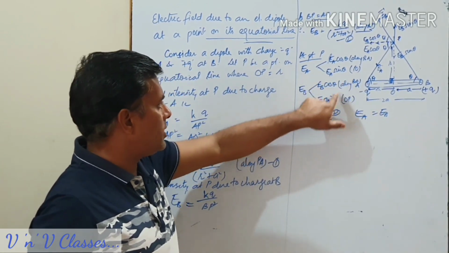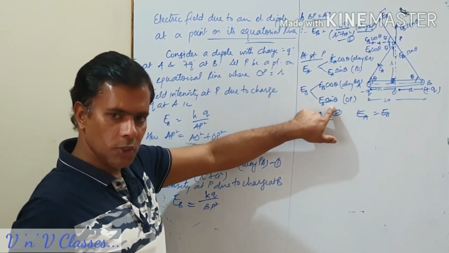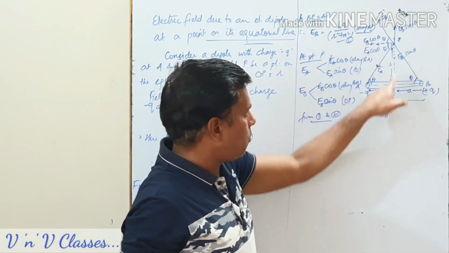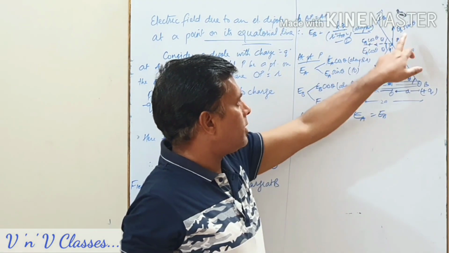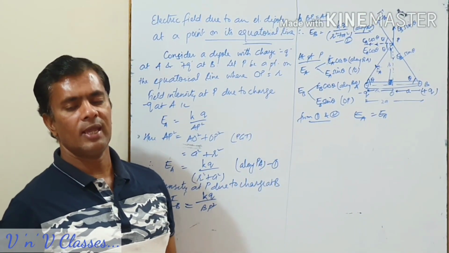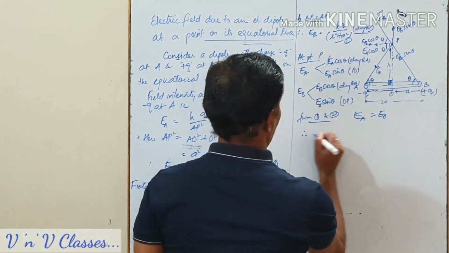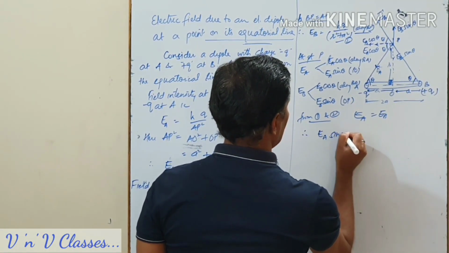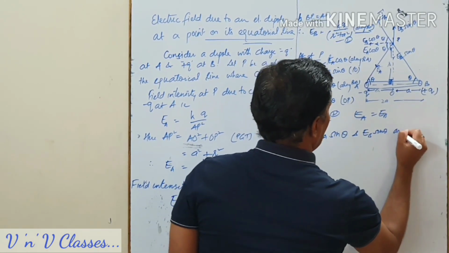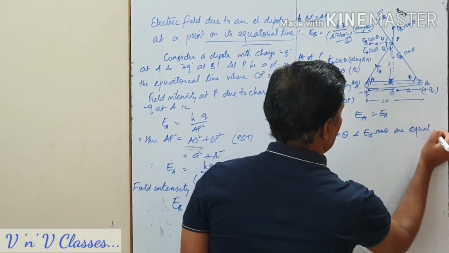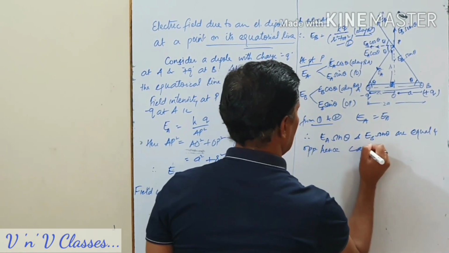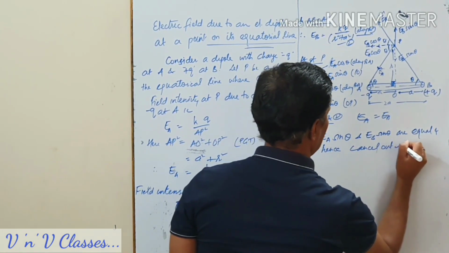So sine components are equal in magnitude, but directed oppositely. EA sin theta downward, EB sin theta upward, equal magnitude, opposite directions. So hence they cancel out each other. Therefore EA sin theta and EB sin theta are equal and opposite, hence cancel out each other.